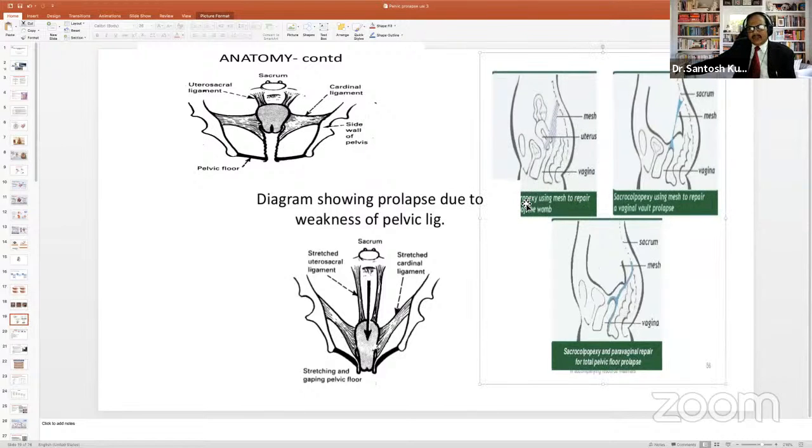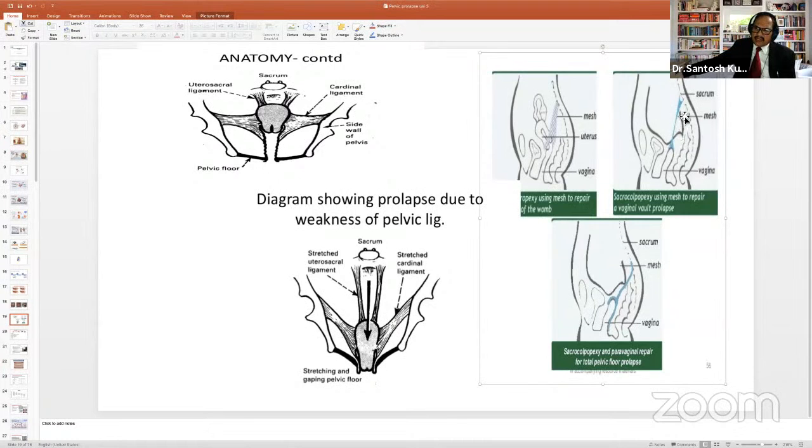how you can repair it. Hysterocolposacropexy, in which you put a mesh from the uterus to the sacrum. And sacrocolpopexy, when the uterus is not there, you can attach a mesh with non-absorbable suture to the sacrum, like the uterosacral ligament.